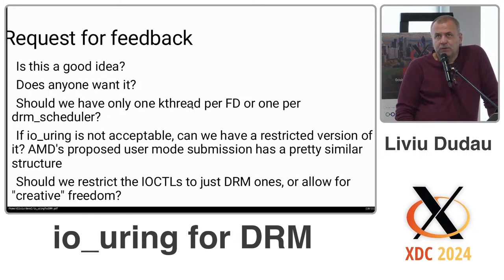So my very hand-wavy thought is that when you create a submission for IOU ring, you just create a wrapper, or a descriptor, around your job. So basically say, here is where the job is, here are the buffers associated with the job, here are the fences associated with the job. And you pass that one into the IOU ring submission queue.